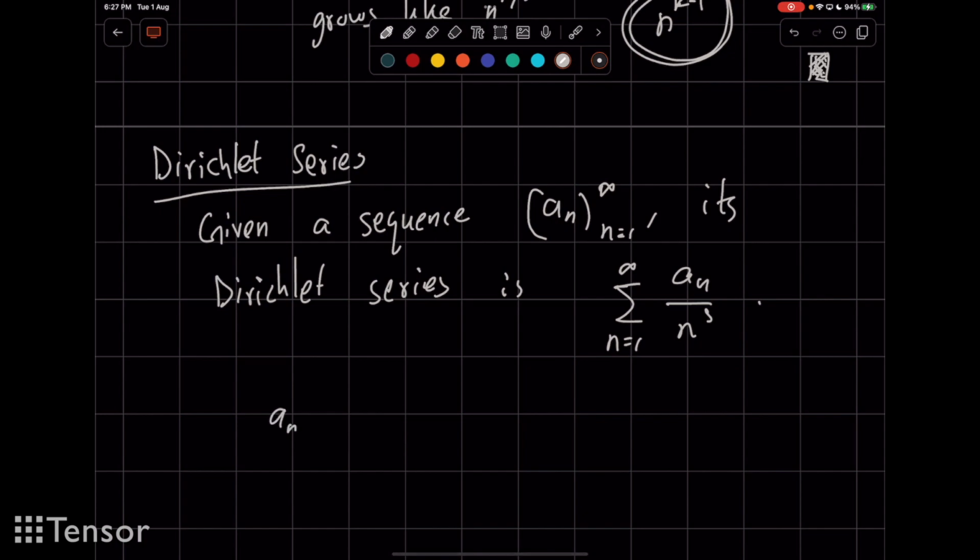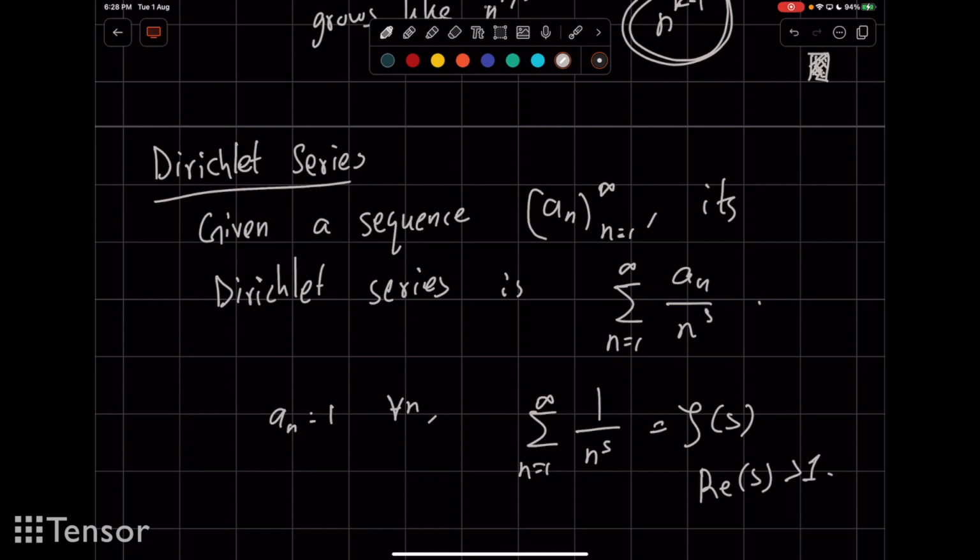If a_n is one for all n, then the Dirichlet series is the sum of 1 over n to the s, and this is zeta of s, obviously for the real part of s greater than 1.